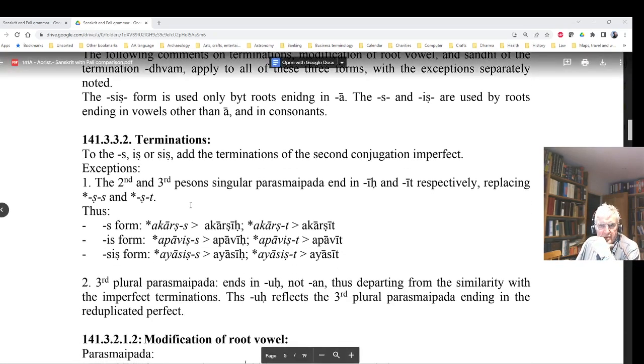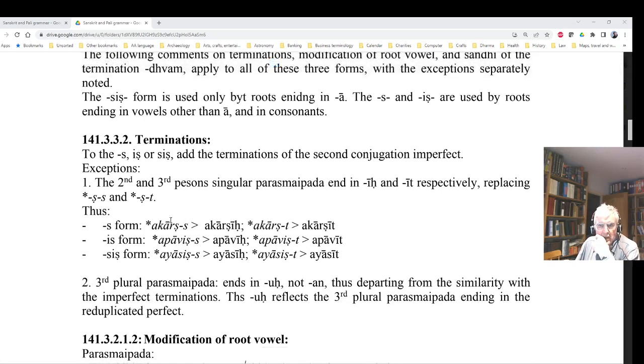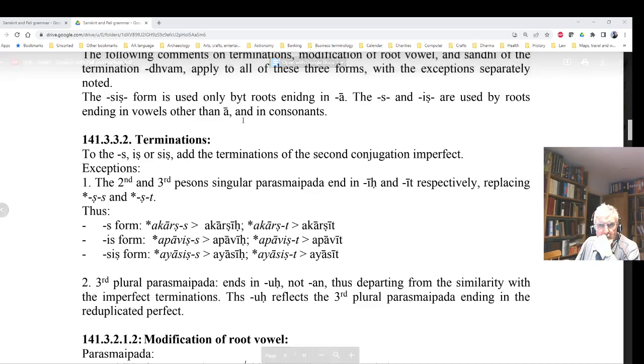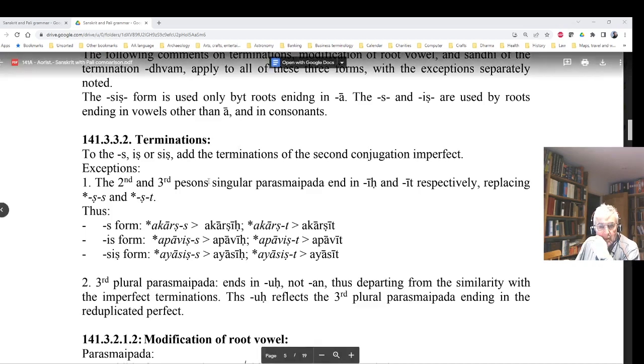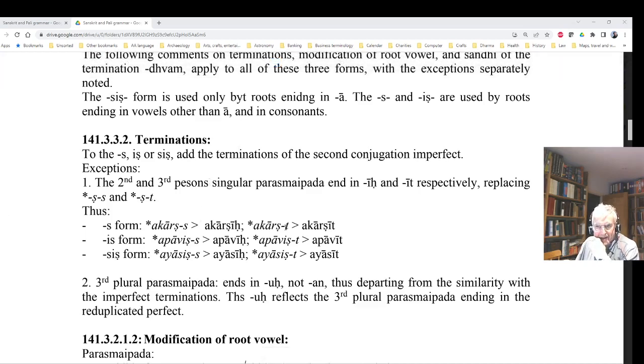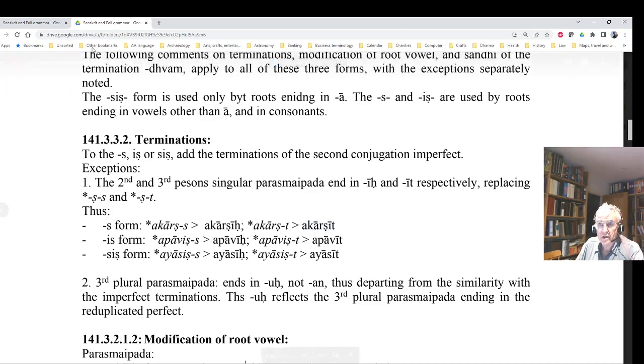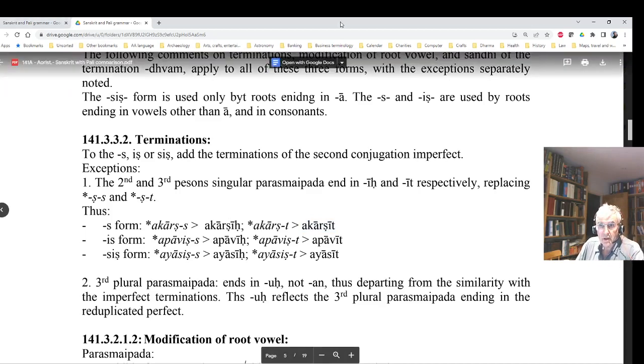If you look at the root kri, it's actually a regular formation, akarshit in Sanskrit. Let me just take you to my iPad.